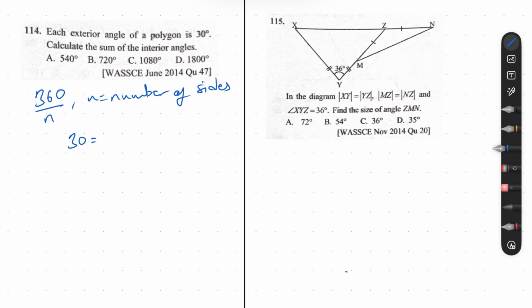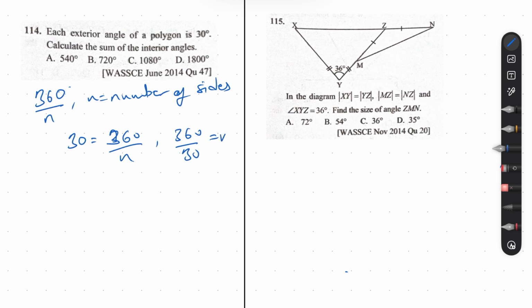Each exterior angle is 30, so we can equate that to these two in order to find our n. So we have 360 over n, so we can find n to be 360 over 30.